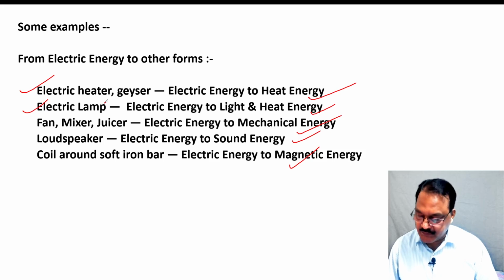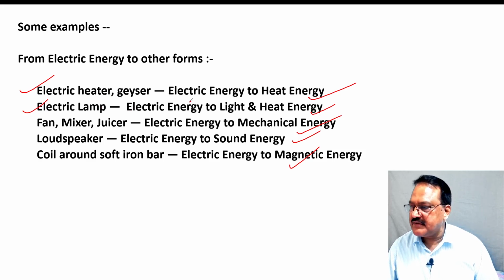In the first case, what is given here? Electric heater and geyser. Why are we using this heater and geyser? To have some heat energy. So we are providing electric energy to these appliances, and they are converting electric energy to heat energy.